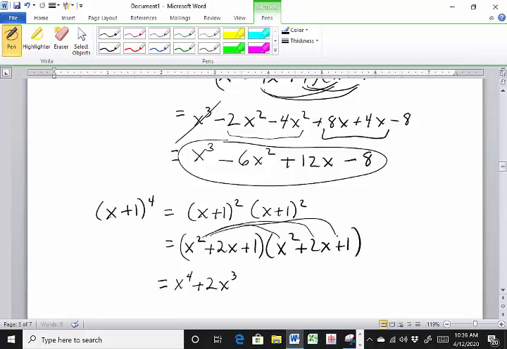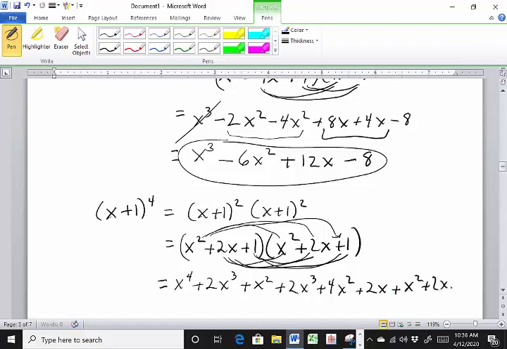Then x squared times 1 is going to be x squared. Then 2x times x squared is 2x cubed. Then 2x times 2x is 4x squared. Then 2x times 1 is going to be 2x. And then, of course, 1 times each one of these terms, you get the same thing back. So that's just going to be x squared plus 2x plus 1.